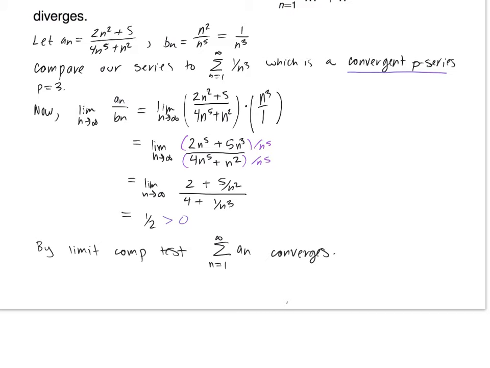How would it have changed if you'd kept the coefficients? You'd have multiplied by 4 over 2, which would have canceled out the 1/2. Yeah, this would have been 1 over 2n cubed. Does that make sense? If you would have kept those coefficients, the 2 over 4, then this would have been 2n cubed over 1, which would have made that numerator into a 4, which would have made your limit equal to 1.